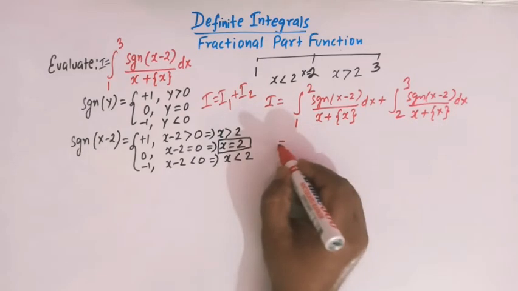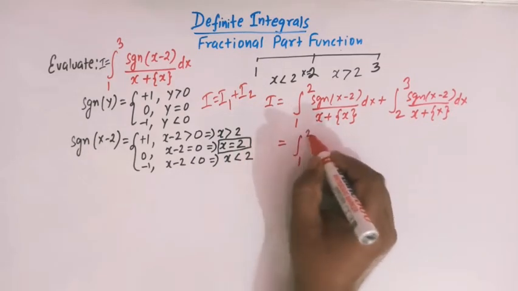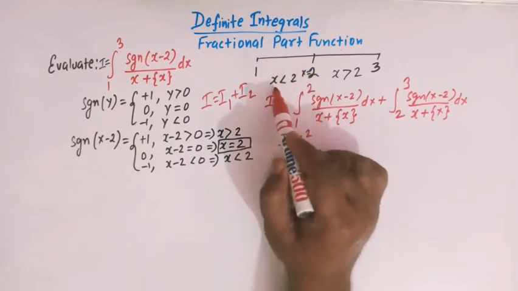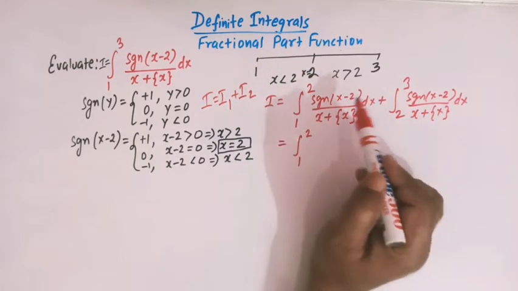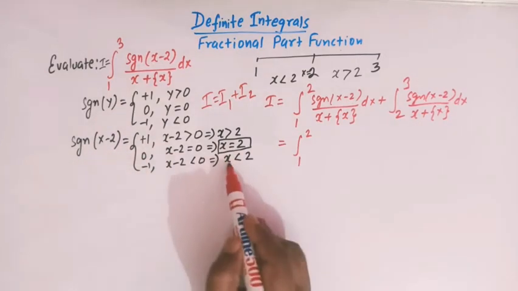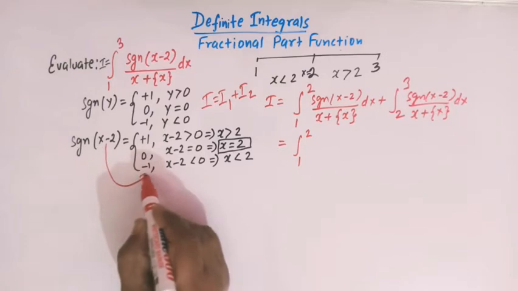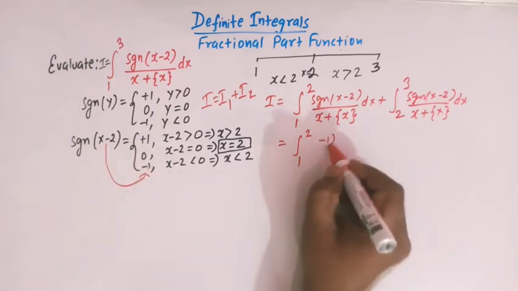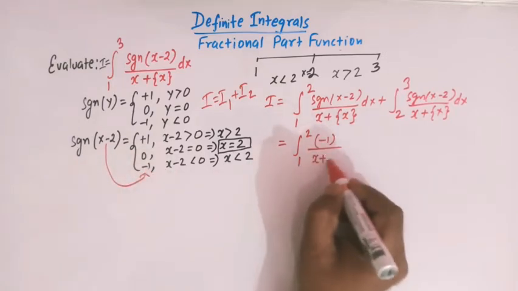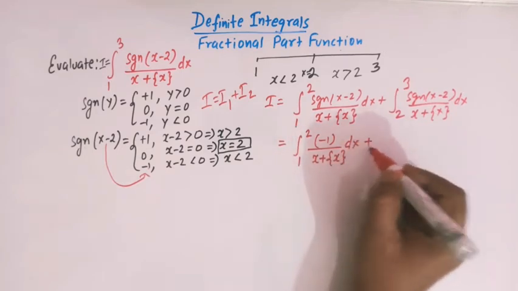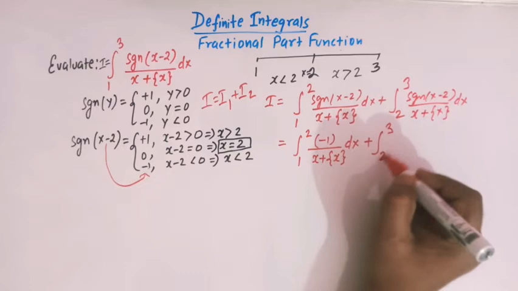Okay, so now we have 1 to 2, and when x varies from 1 to 2, x is less than 2. So when x is less than 2, then signum of x minus 2 will take the value minus 1. So here we have minus 1 over x plus fractional part of x dx, and then we have 2 to 3.